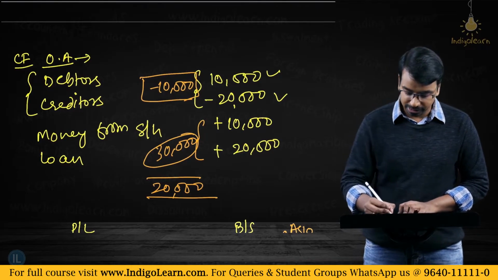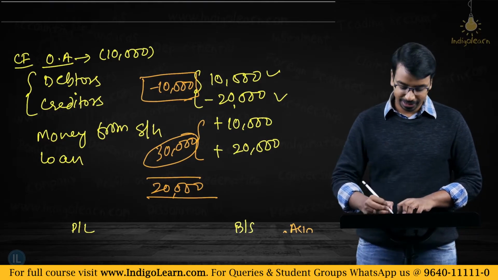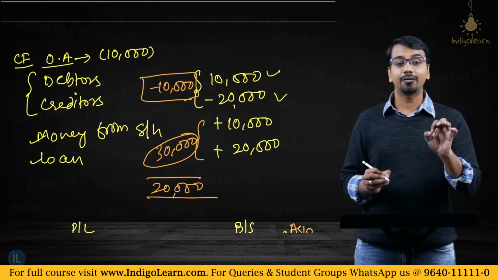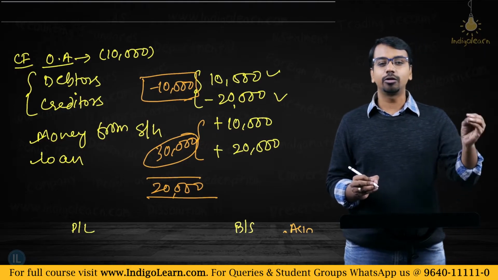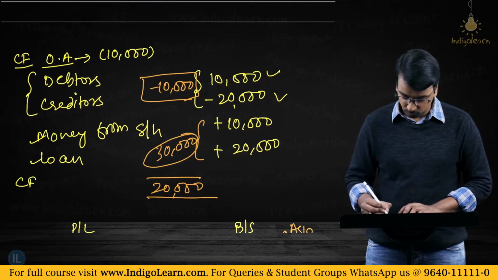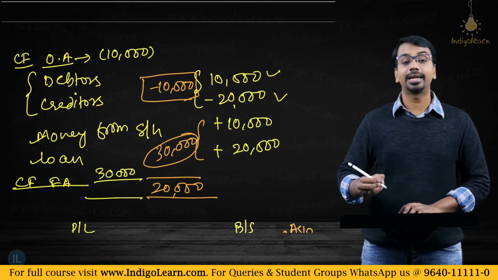The net amount is an outflow of 10,000. Then shares and loan, these are financing activity. Money taken to finance the business. You have a net inflow of 30,000 from financing activity.